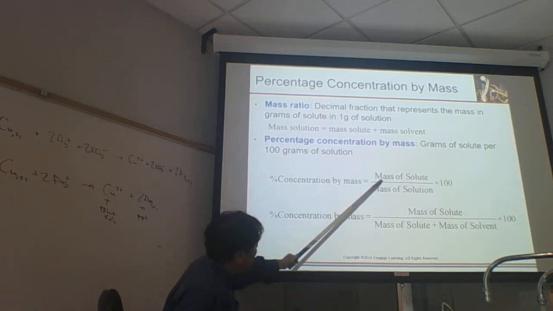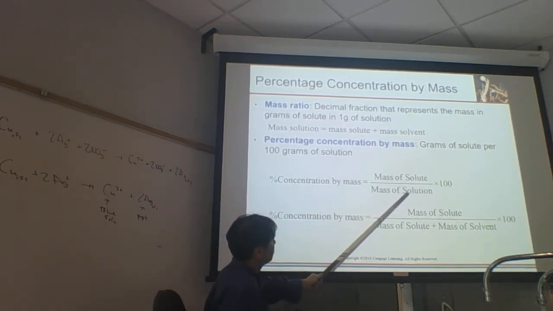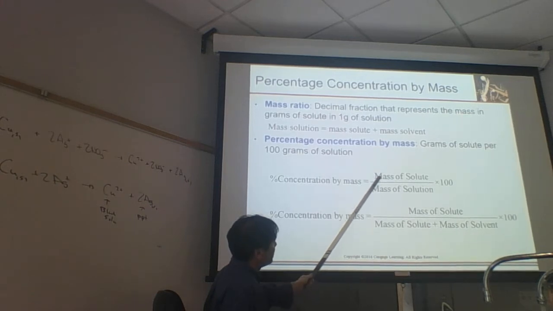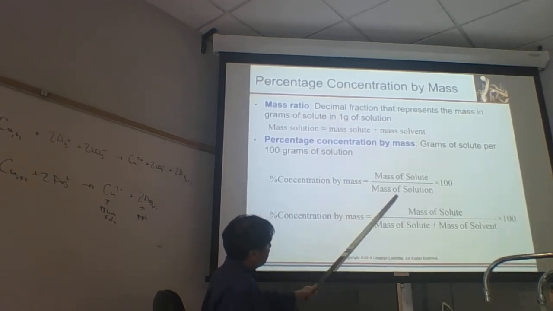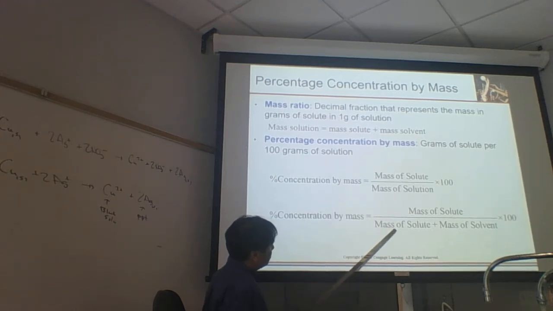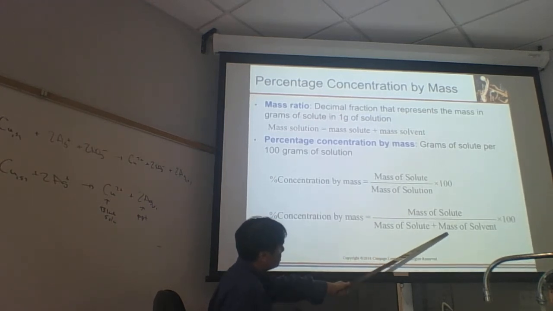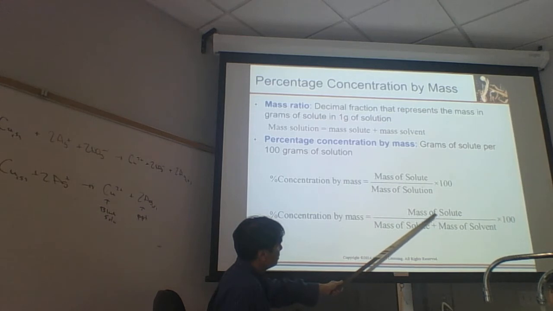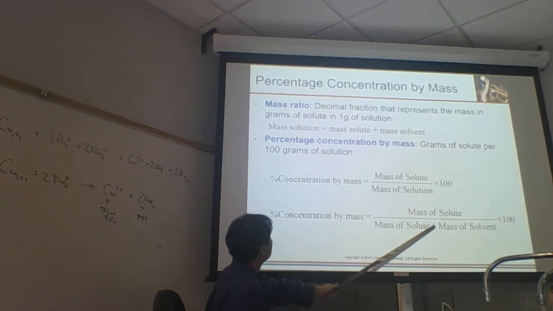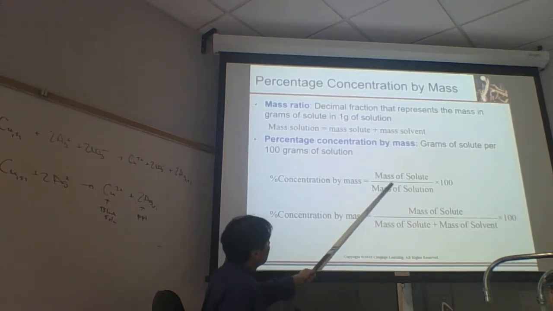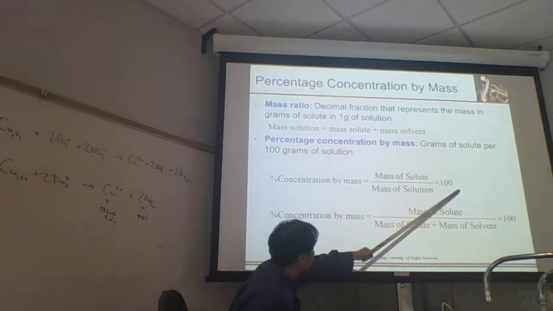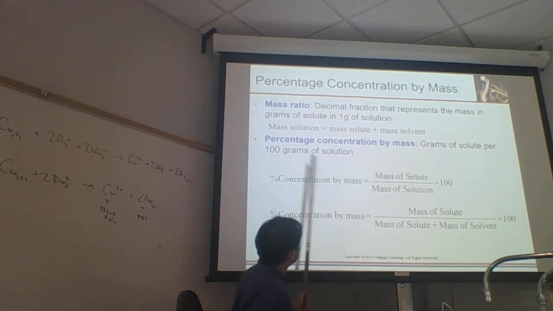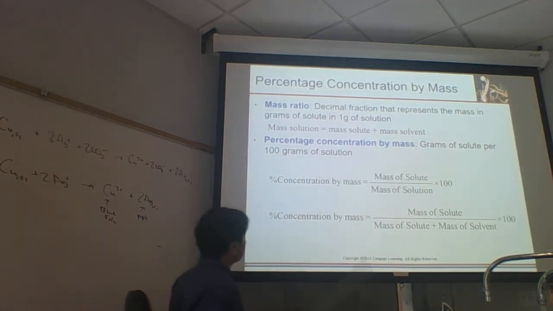The mass fraction is the mass of solute over the mass of solution, or total mass. So it's the mass of component A over the total mass. The total mass would be the mass of solution, which consists of the solute plus the solvent. That's the mass fraction. And then to convert it into percentage, we multiply by 100%. That gives us the percent concentration by mass.